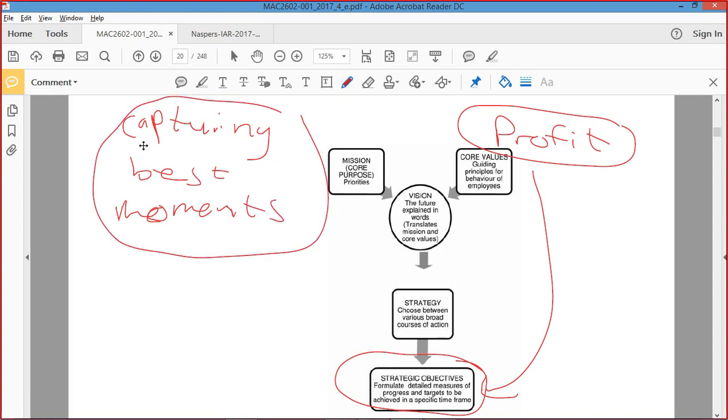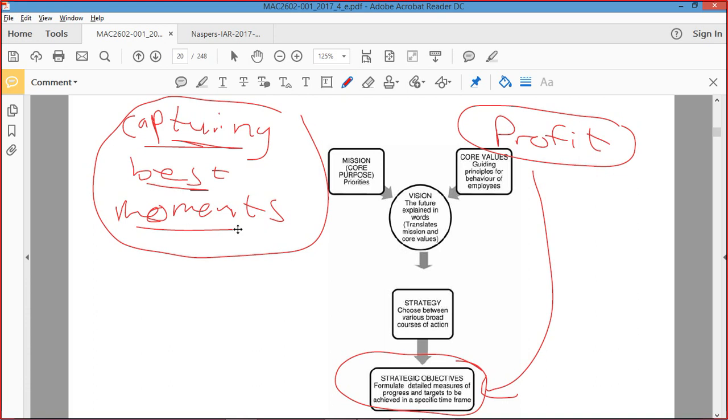Well, probably. Because remember, your mission is something more than just rands and cents. You're actually wanting to capture the best moments in time, and it doesn't matter how much it's going to cost you, you're going to achieve that. You're on a mission.